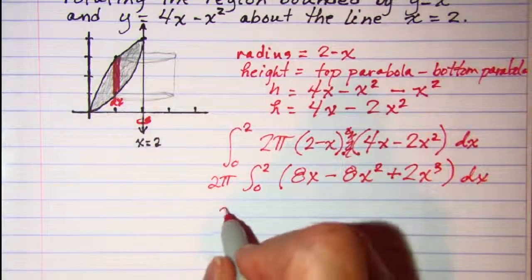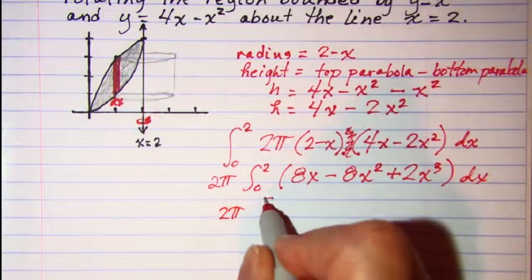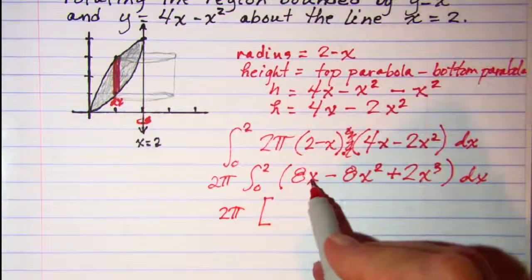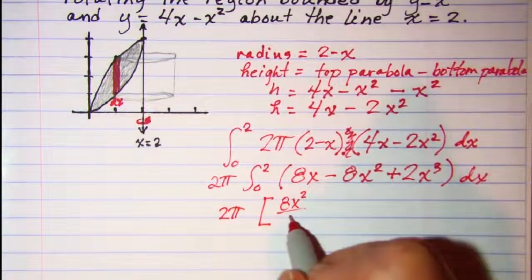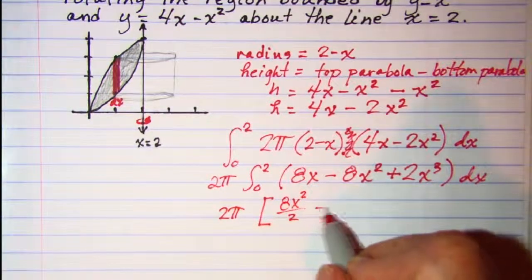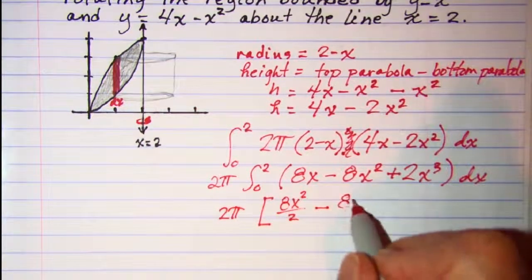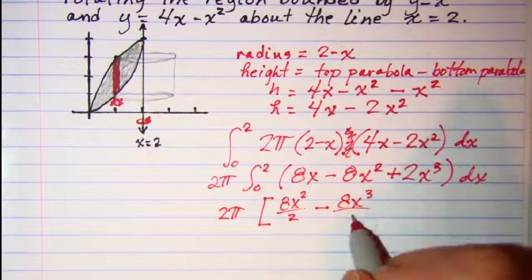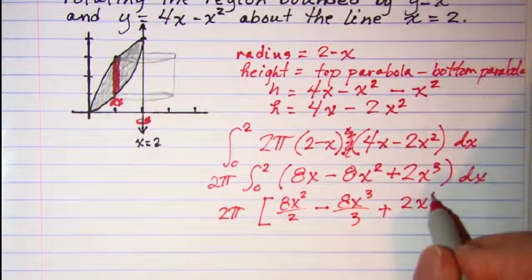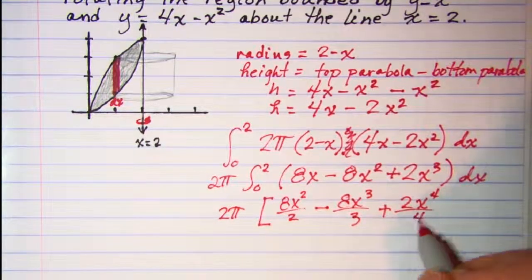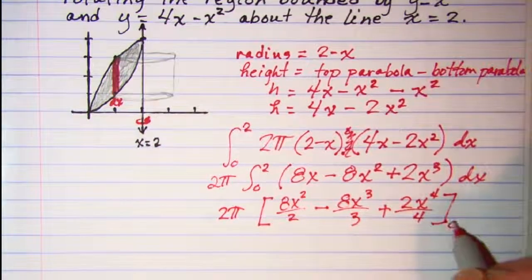And when I integrate, just using the power rule, I have 8x squared over 2, subtract 8x cubed over 3, add 2x to the 4th over 4 from 0 to 2.